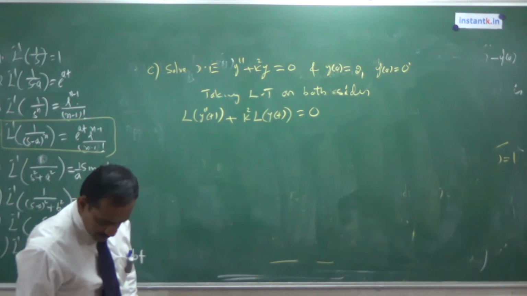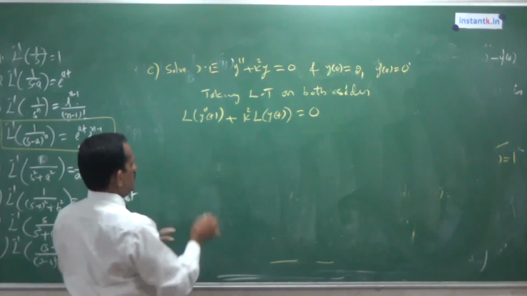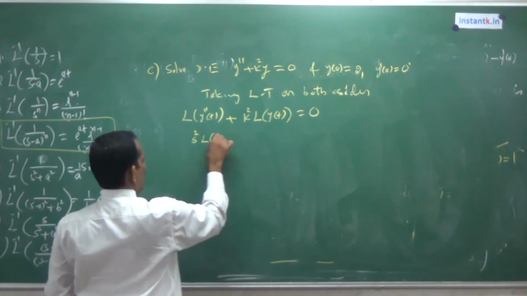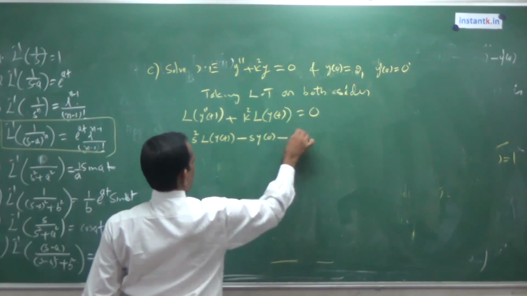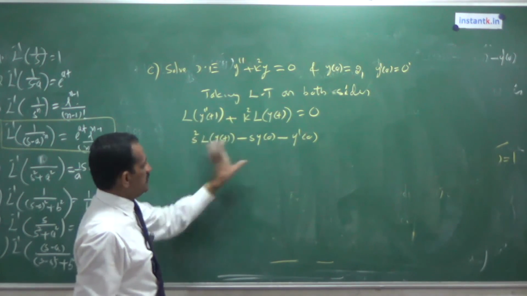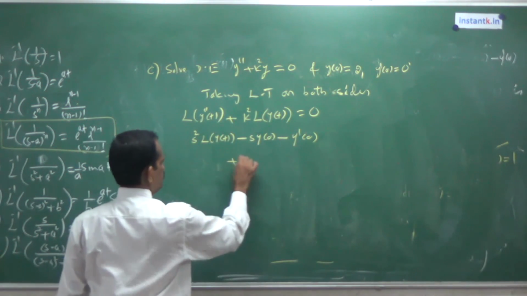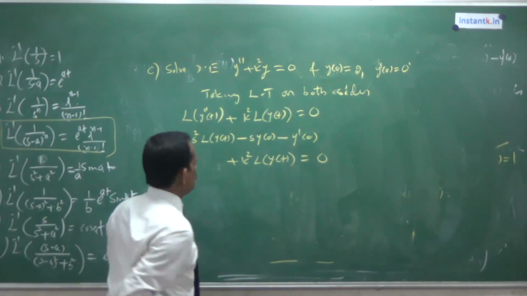Very simple question. Now what is the Laplace transform of y double dash t? It is s squared into Laplace transform of y of t minus s into y of 0 minus y dash 0. This must be remembered. Plus k squared into Laplace transform of y of t is equal to 0.